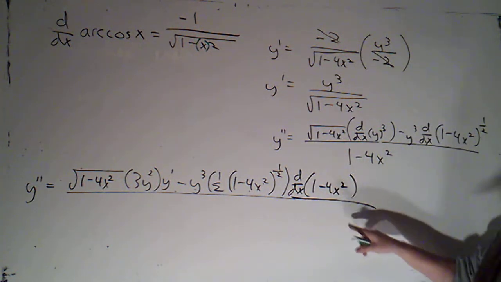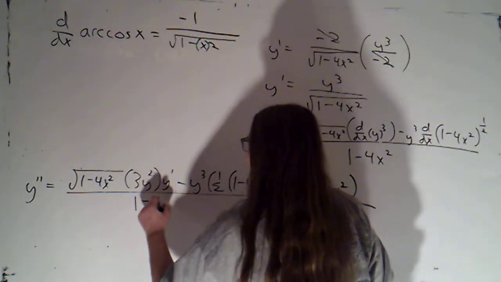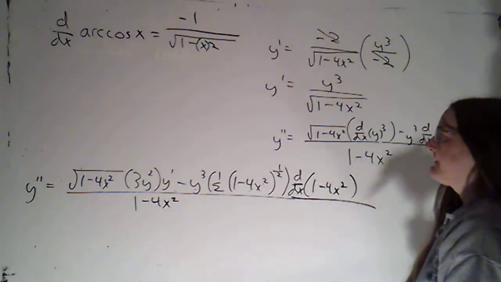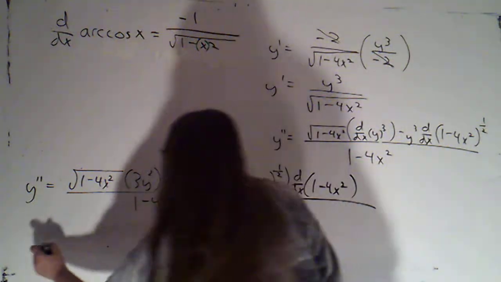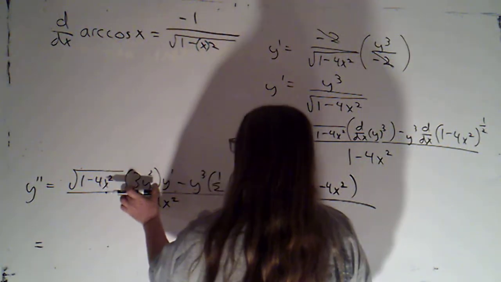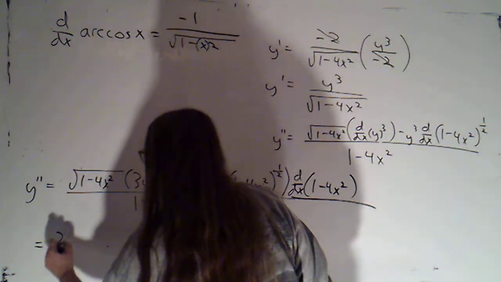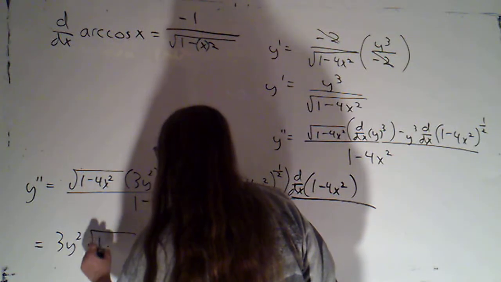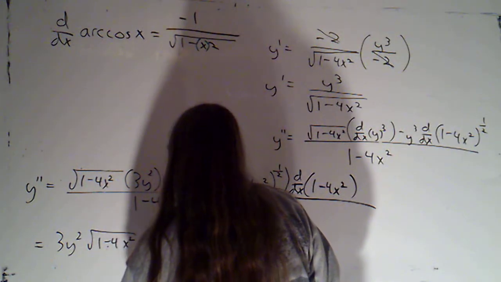And then that's all over 1 minus 4x squared. So let's see. I'm just going to bump that 3y squared to the front. So 3y squared root 1 minus 4x squared times y prime.